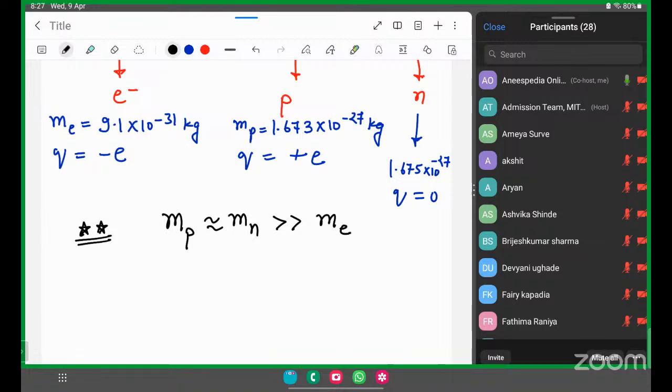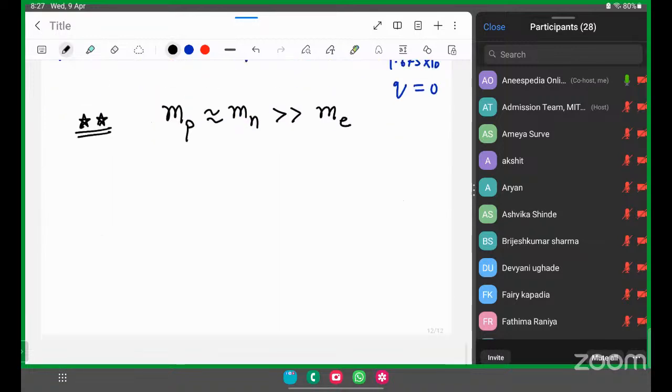That is the reason in atomic mass only protons and neutrons are considered, and the mass of electron can be neglected. Or in other words, the mass of an atom is calculated by taking into account protons and neutrons only, not electrons, because the mass of electron is very small. Understood?